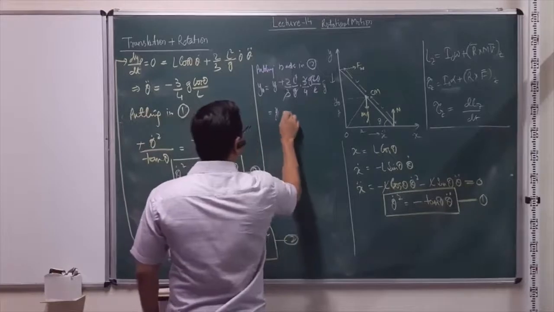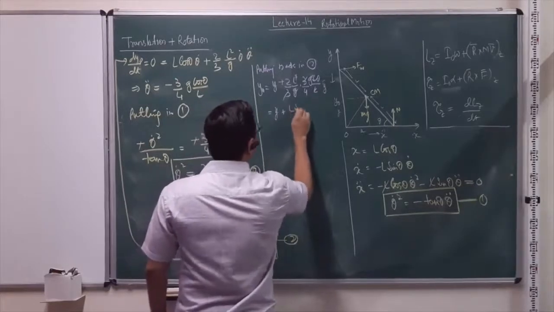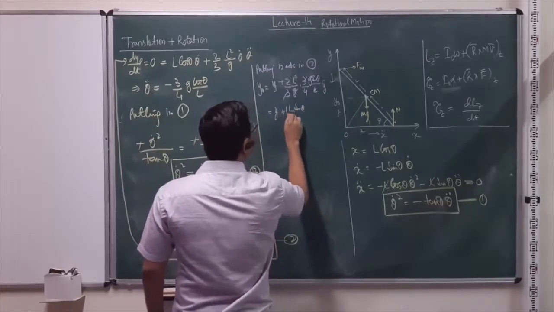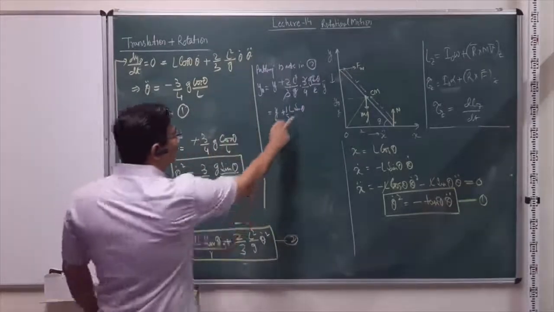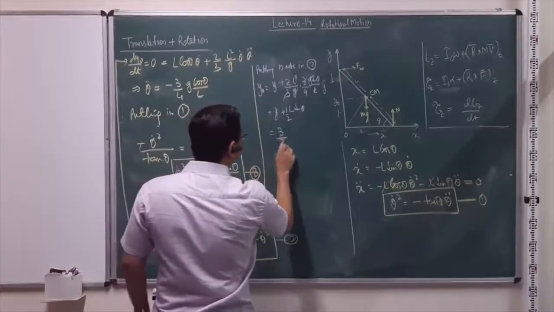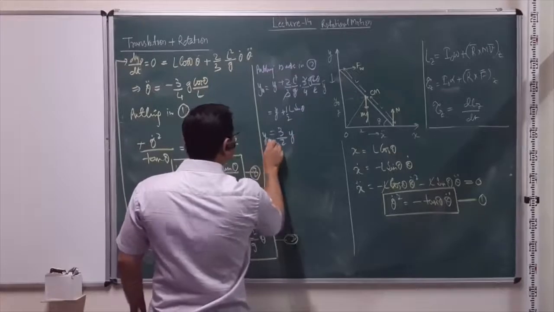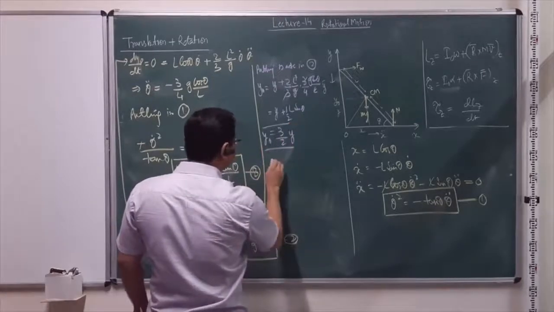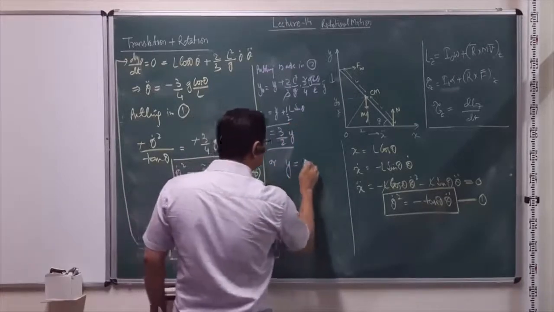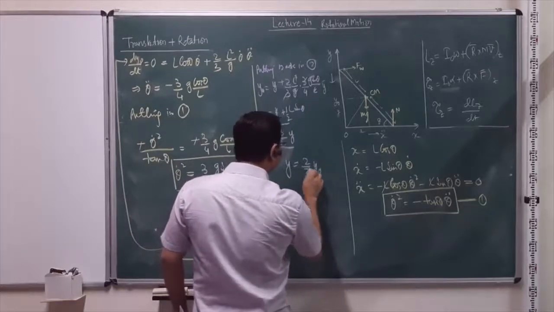This will be y plus L sin theta by 2, and again this is nothing but y. So this is basically 3 by 2 of y. So y0 is 3 by 2 y, or y is 2 by 3 of y0.